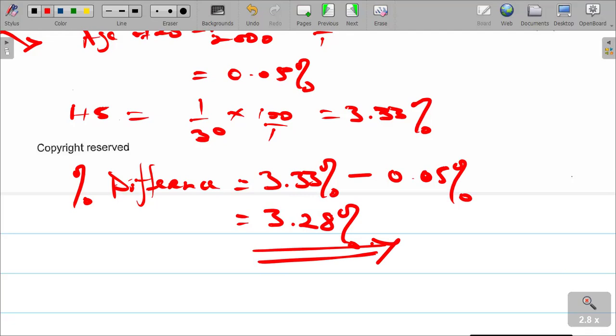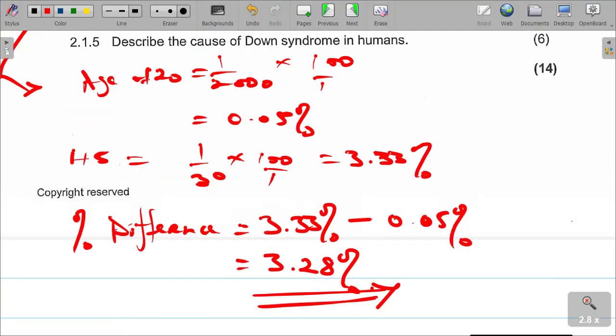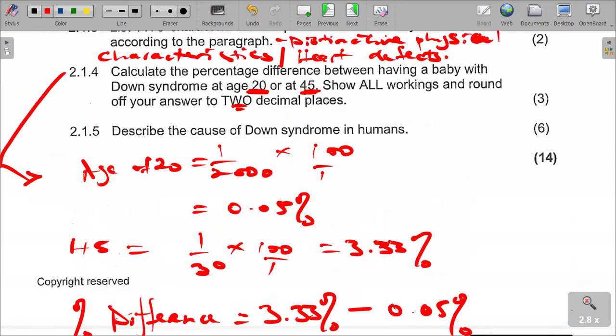So the answer, correct to 2 decimal places, that is 2 digits after the decimal point, is 3.28%.